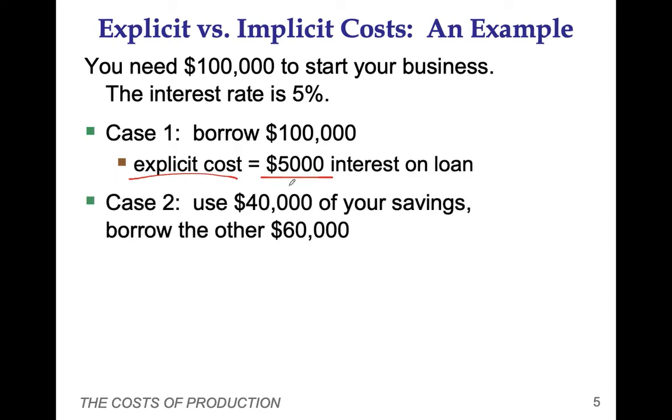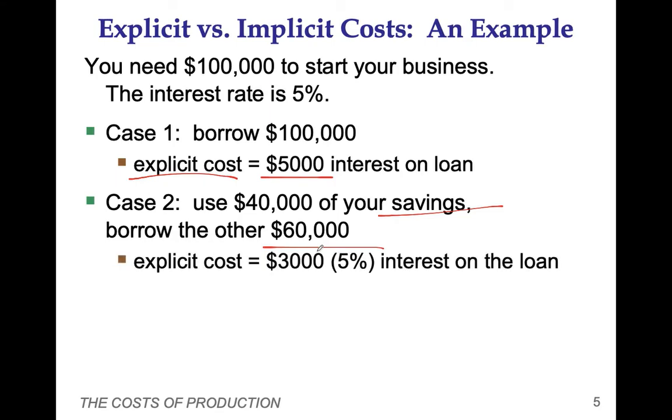In case 2, you decide on a different idea, using, for example, $40,000 of your savings and borrowing $60,000 from the bank. Here, instead of borrowing $100,000, you borrow $60,000. So the explicit cost is, of course, the interest you pay on the loan.